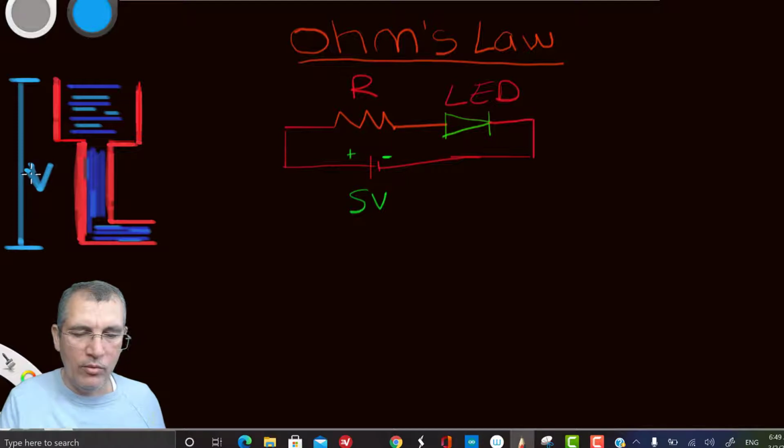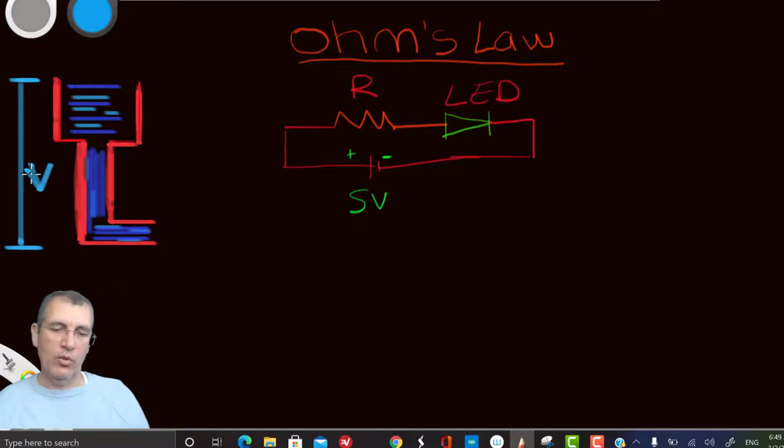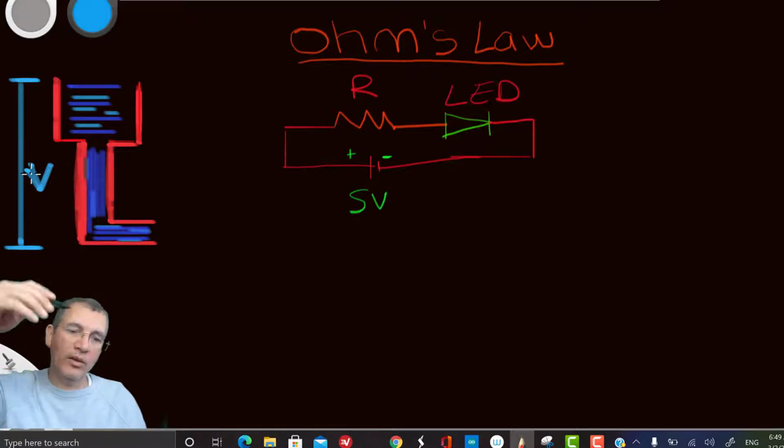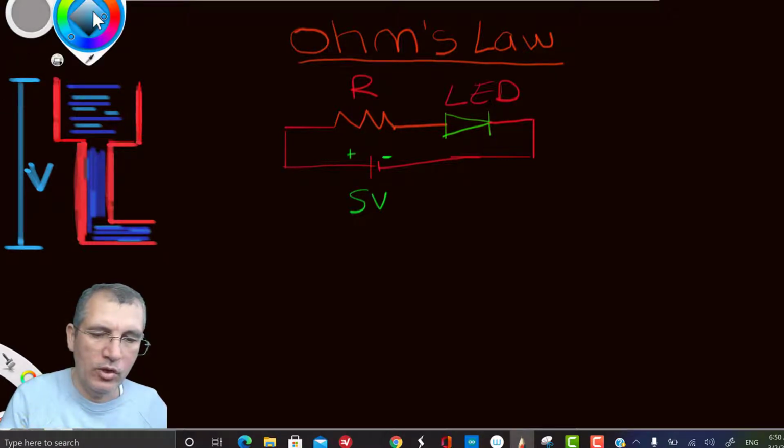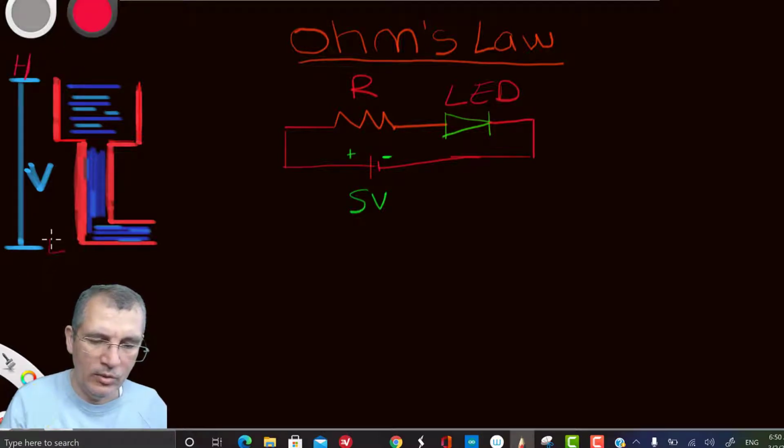This is our voltage. Because of the height, the pressure of the water is going to be higher on top. So this is high here, and this is low at the bottom.